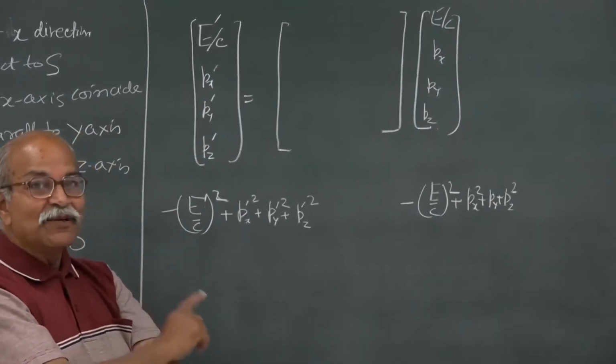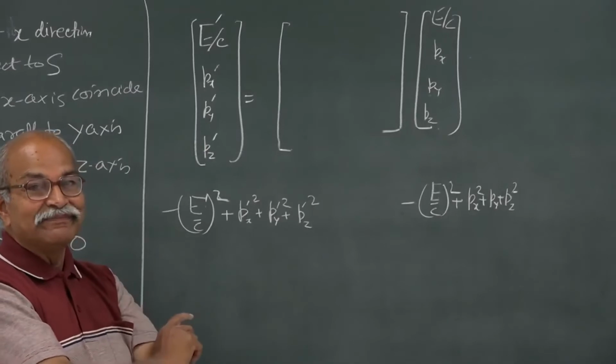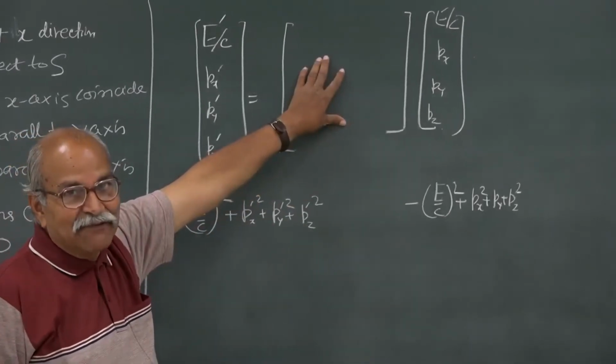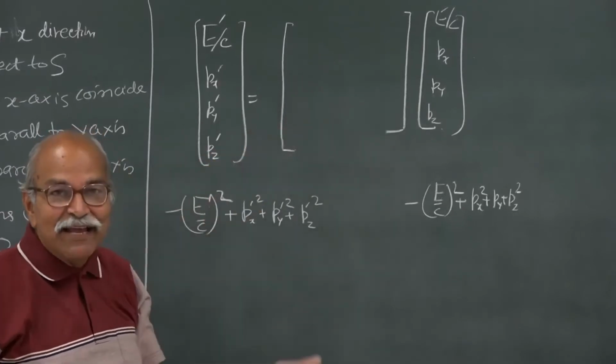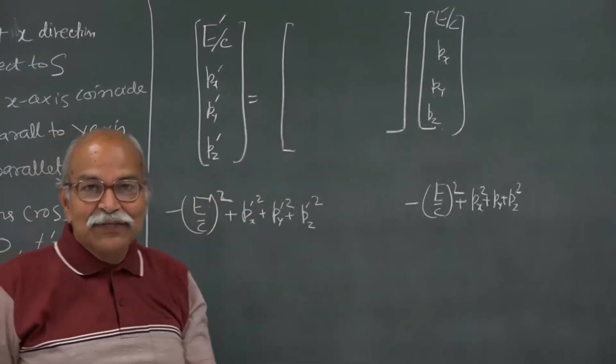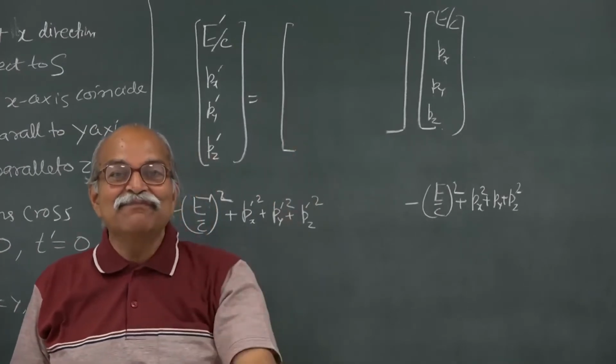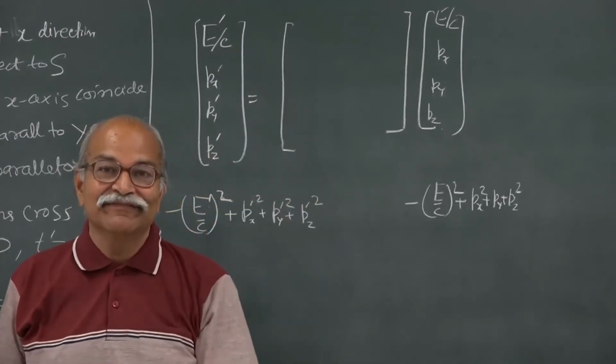they are going to be the same, whatever this matrix is. After all, it is only changing the frame. So when I am changing the frame, I am not changing the magnitude of a vector.